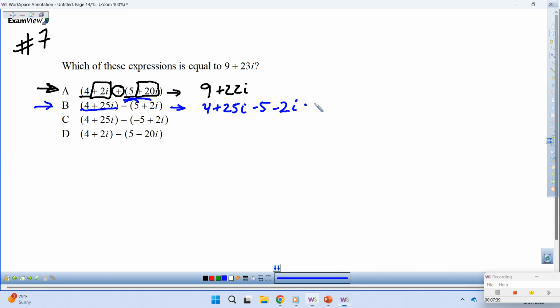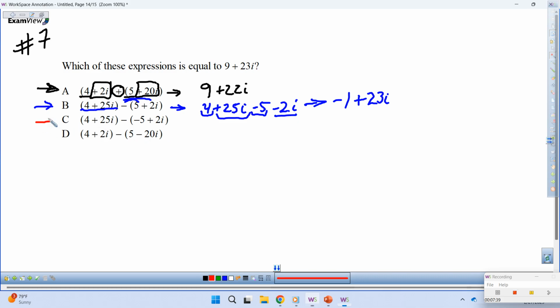All right, let's combine. This is 4 minus 5, that's negative 1. 25i minus 2i, that's positive 23i. However, no, that's not it. All right, let's go to the next one.